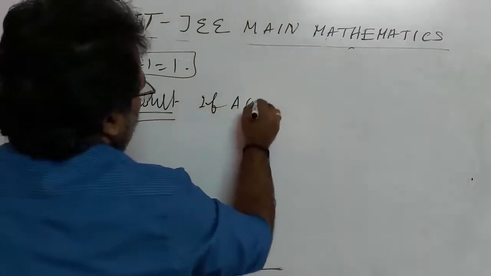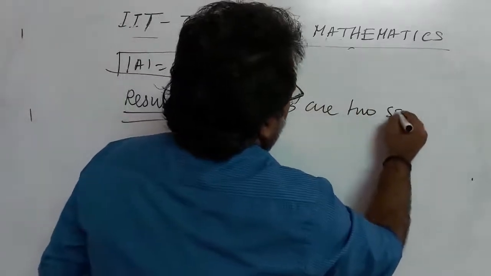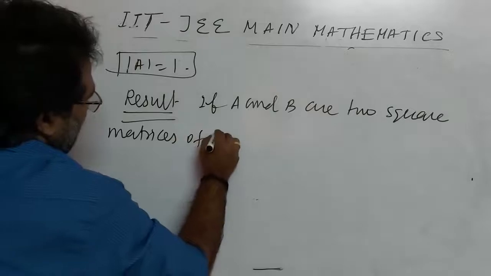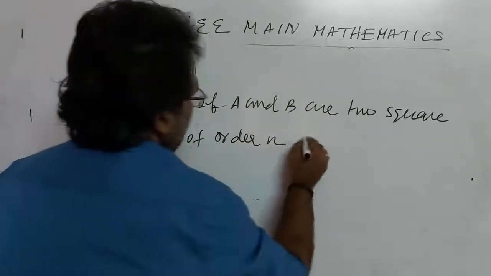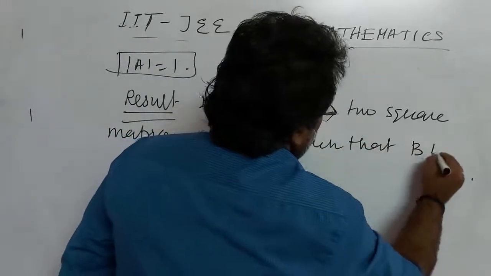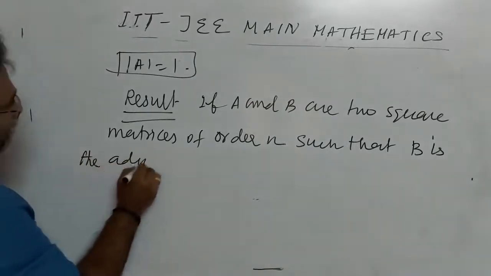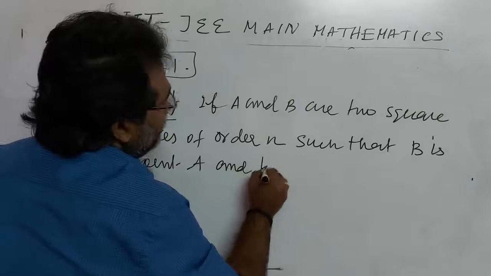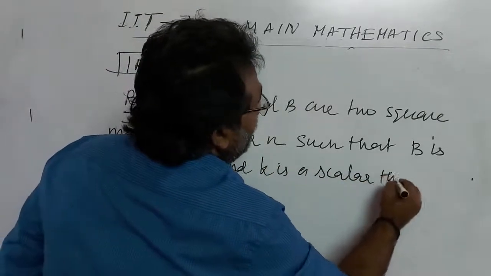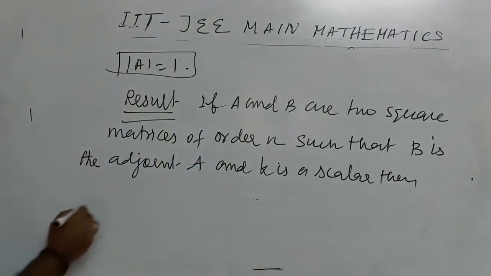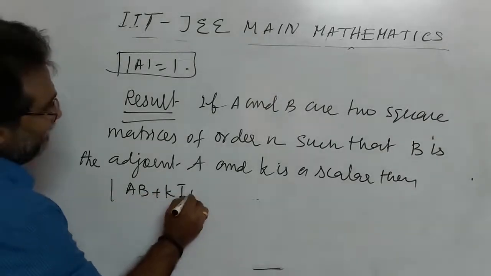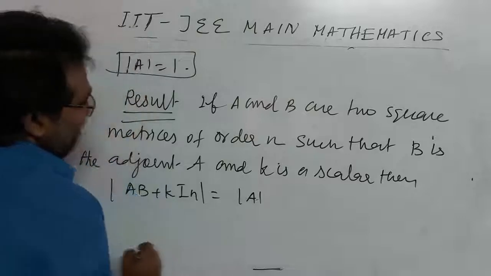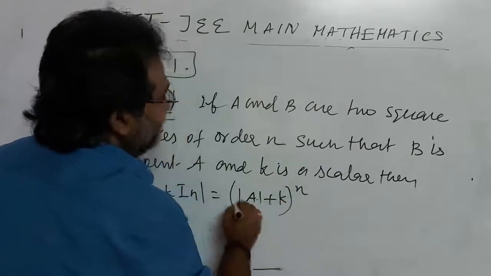If A and B are two square matrices of order n such that B is the adjoint of A, and K is a scalar, then determinant of AB plus KI equal to, since B is adjoint of A, the answer is determinant A plus K whole power n. This is the result.